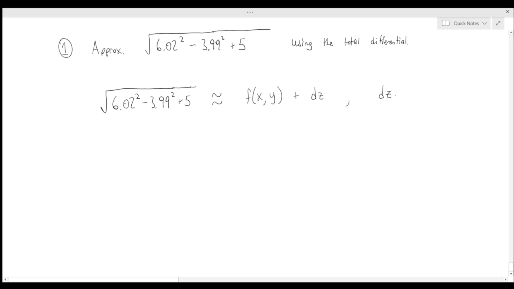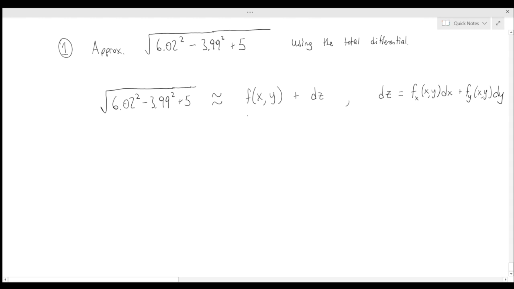So remember that there was a formula for dz, which was the partial of f with respect to x times dx, plus the partial with respect to y times dy. Okay?